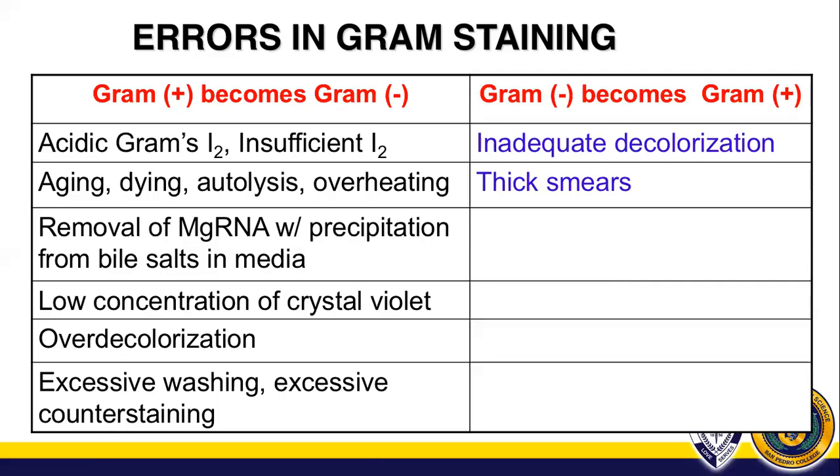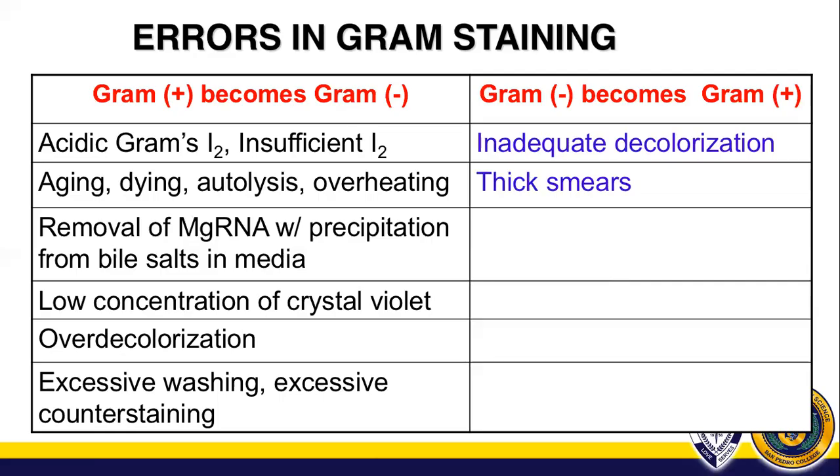Those who are used to the process, such as those experienced in the laboratory, can freely use acetone alcohol. So you need to practice and practice so that you'll be able to gauge properly how long you need to decolorize your smears.